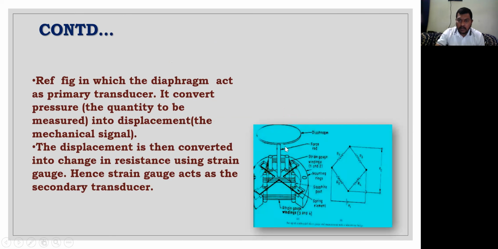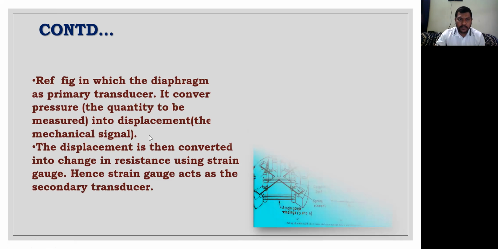Whenever this diaphragm is pressed, it acts as the first mechanical, primary transducer, due to which strain is applied to these wires, and that's why there is a change in the resistance over there. So this is the primary, and this is the secondary transducer. Both are transducers, but we can differentiate between primary and secondary transducer, right?